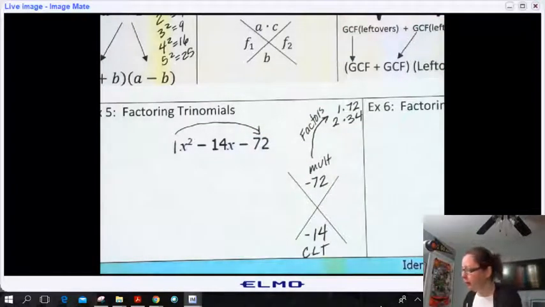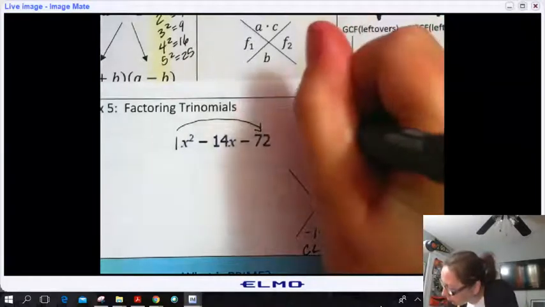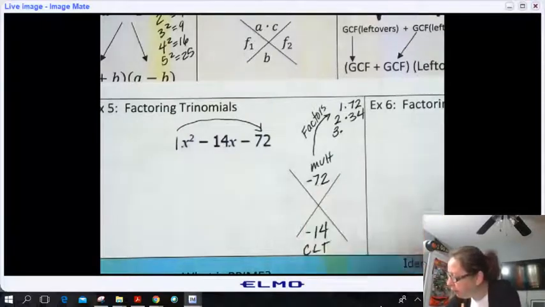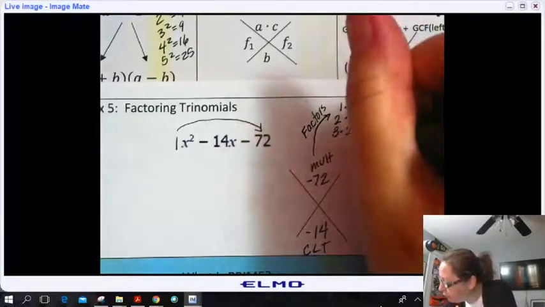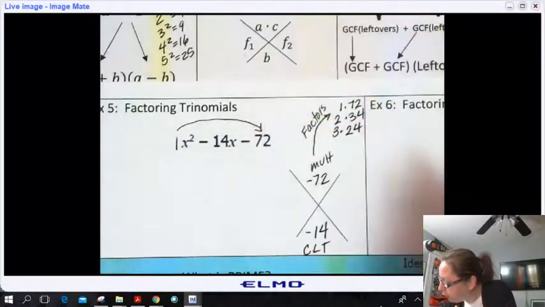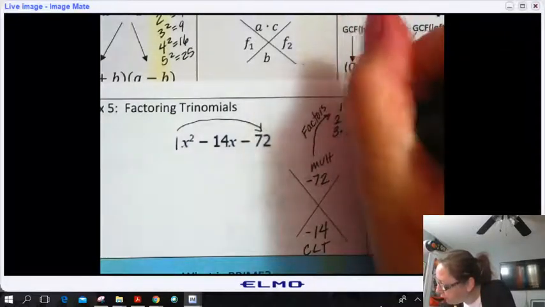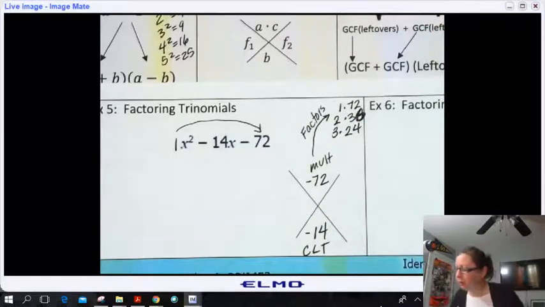Okay, let's divide 72 by 3 now. 3 goes into 7 twice with 1 left over. 3 goes into 12 4 times. Whoops, I did this wrong. 2 goes into 12 6 times. Okay, so 3 times 24.